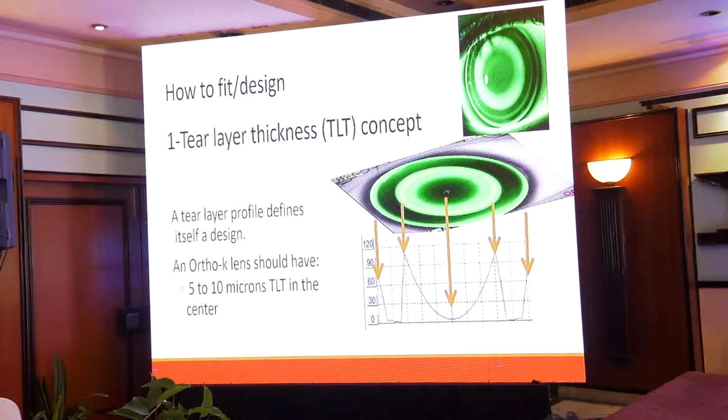So the basic thing in fitting ortho-K lenses is the tear film layer. The tear film layer needs to be enough that the central part of the lens doesn't touch the apical zone. We don't want the back optical zone, the central zone of the lens, to touch the epithelium. If that occurs, you will have staining.